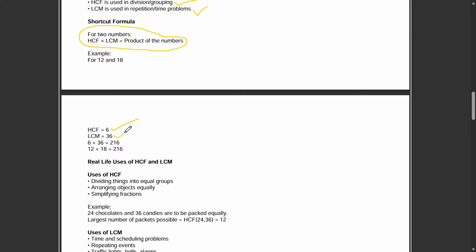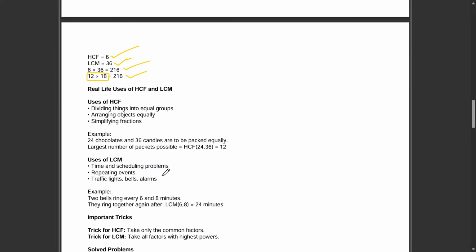HCF is 6, LCM is 36. If we multiply HCF with LCM, we get 216. The product of these two numbers is also 216. So HCF into LCM equals the product of the numbers.